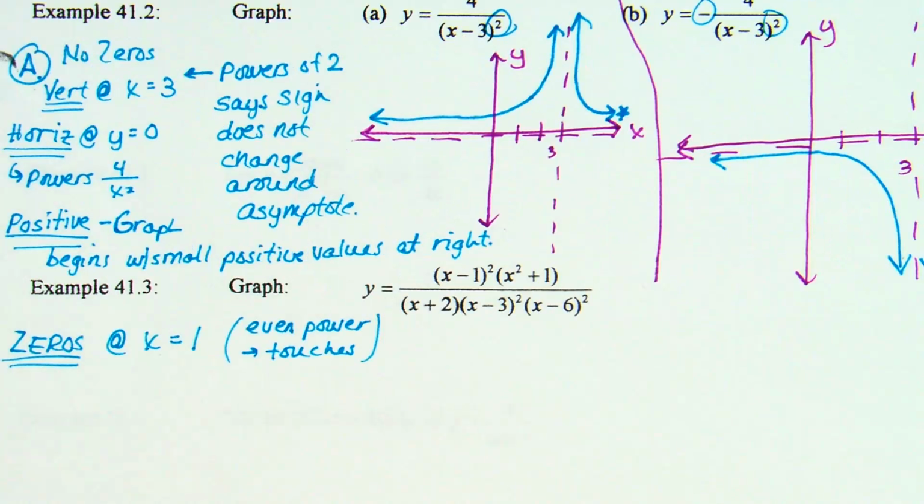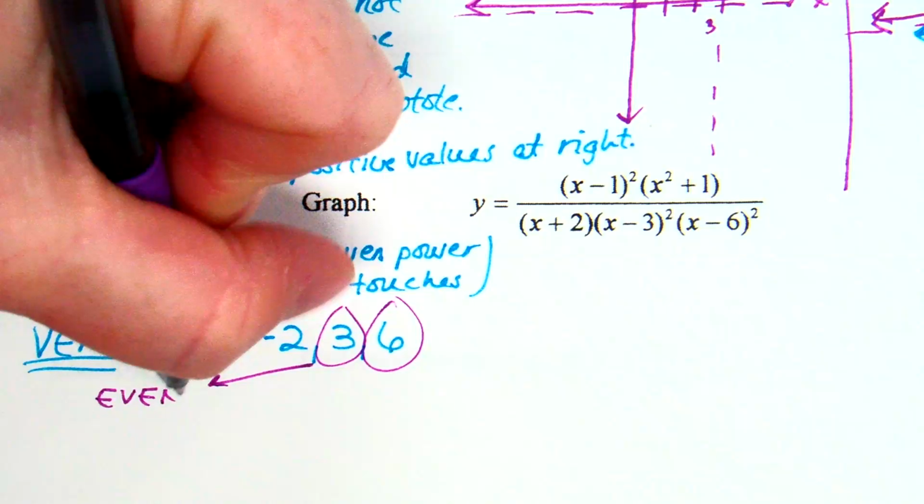And where is this graph going to begin? Positive. So, graph begins on right with small positive values.